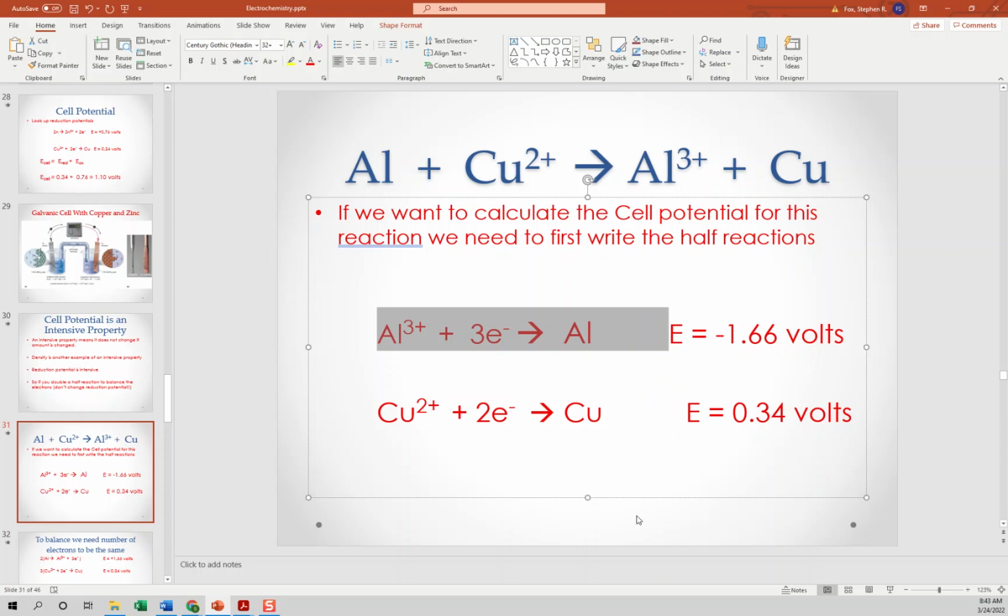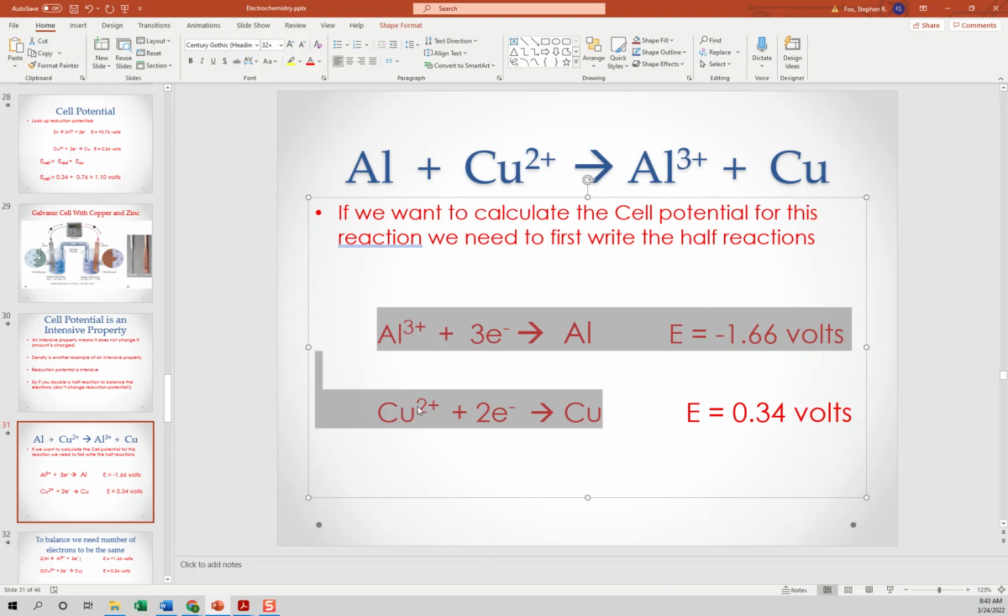But the one thing that's different about cell potential compared to the thermodynamics is, let's understand, to make this a balanced redox reaction, we would have to multiply this reaction by 2, and we would have to multiply this reaction by 3 so that the number of electrons are the same, so they cancel out, right?